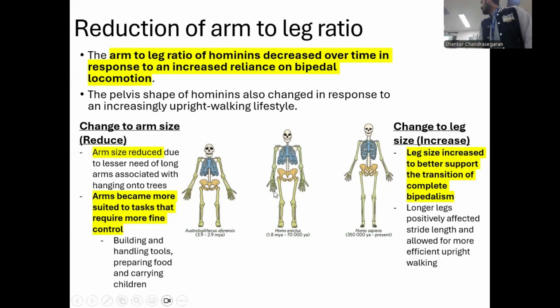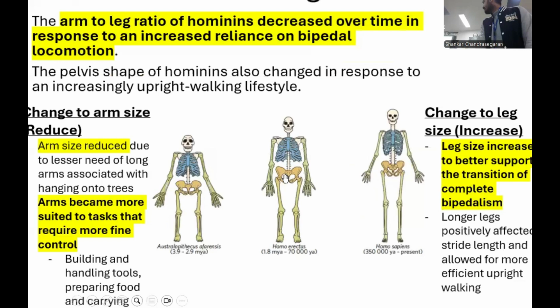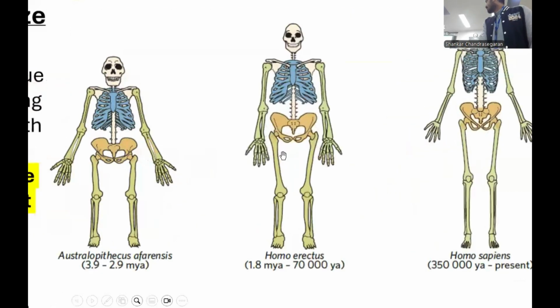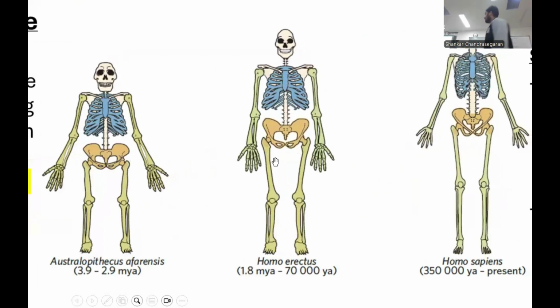The transition happened throughout the entire evolution of the hominin tribe, where we start off with the Australopithecus genus. They obviously have short legs and very long arms because they're still living arboreally, meaning that they were still living in or around trees.